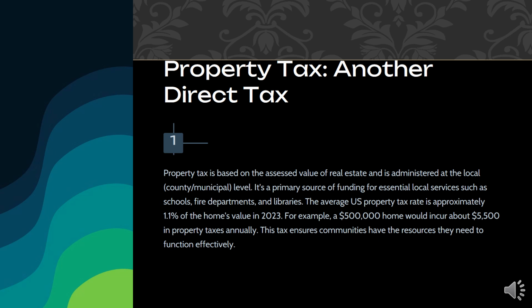The average US property tax rate is approximately 1.1% of the home's value in 2023. For example, a $500,000 home would incur about $5,500 in property taxes annually. This tax ensures communities have the resources they need to function effectively.